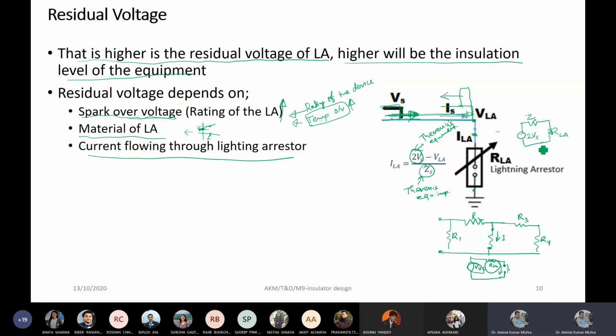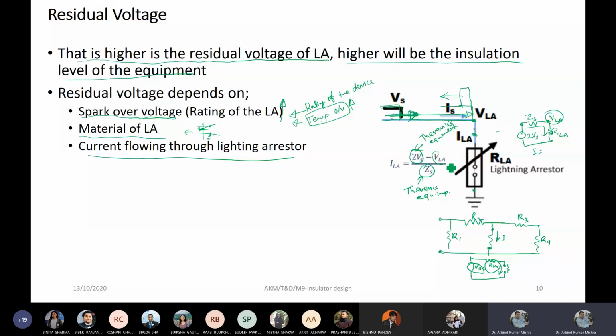Then what will be the expression for I from this expression? Still we do not know what is the resistance at this point. So let's say this is VLA at this point. Then the current through this is whatever is the voltage here minus this voltage divided by this. So that's why this expression.